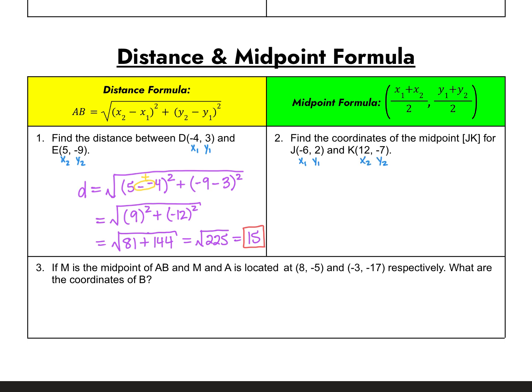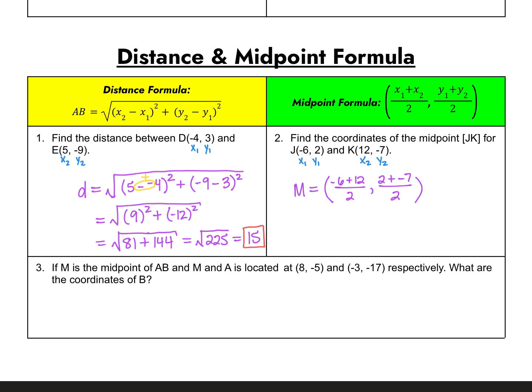So if we go based off of the formula, making sure that we label x1, y1, x2, y2, we end up having that the midpoint, which is denoted by a capital M, is going to be equal to -6 plus 12 divided by 2, and the y value is going to be 2 plus -7 divided by 2.